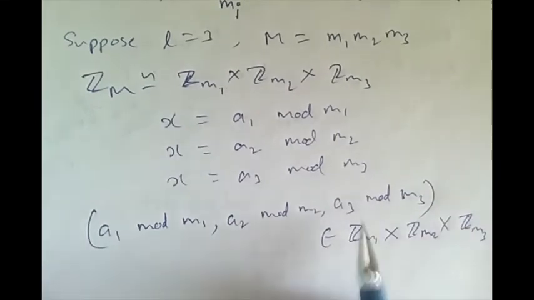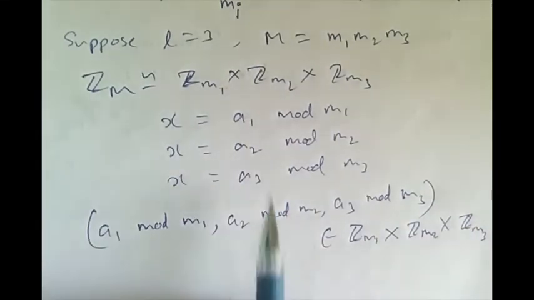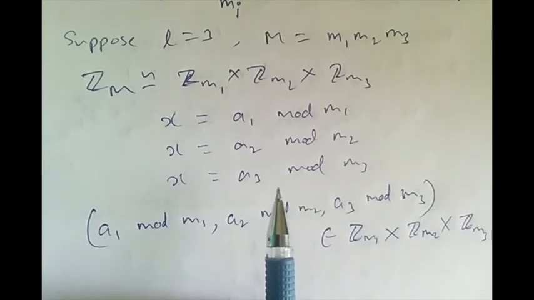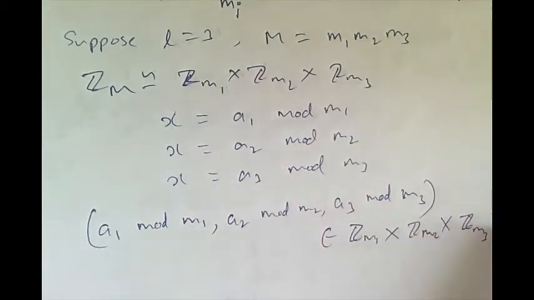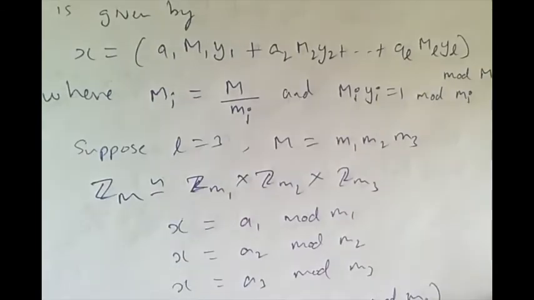So we are asking what is the pre-image of this mapping here, which is the mapping we have been using in the Chinese remainder theorem. And so the answer, they're saying, is of this form.